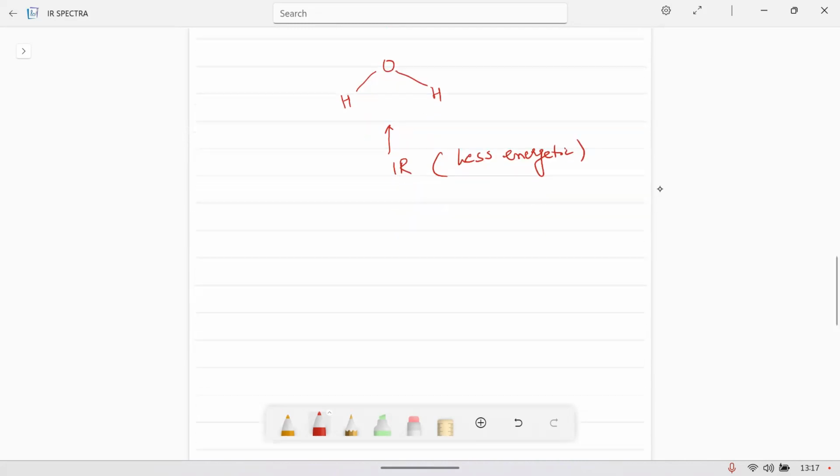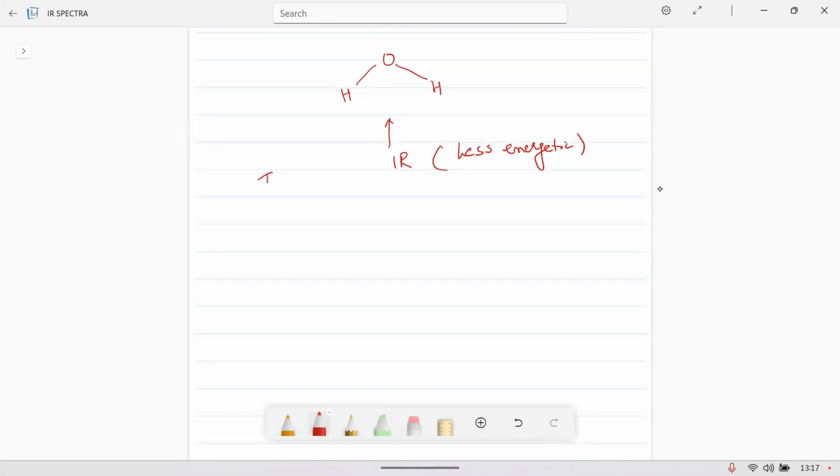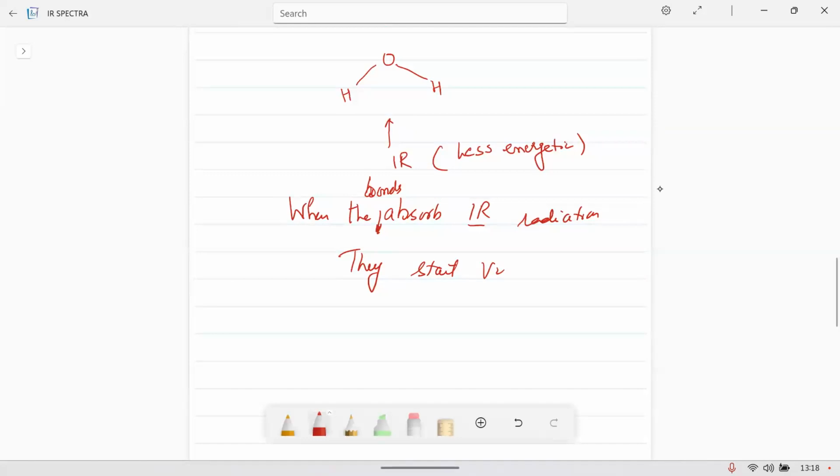So when the bonds absorb the IR radiations, they have two main effects.